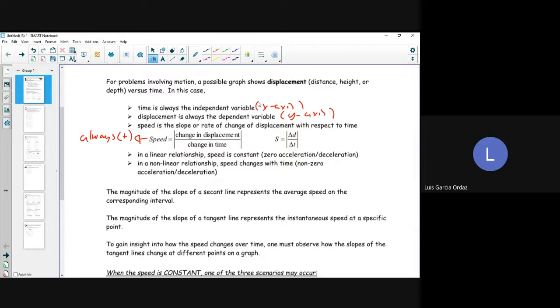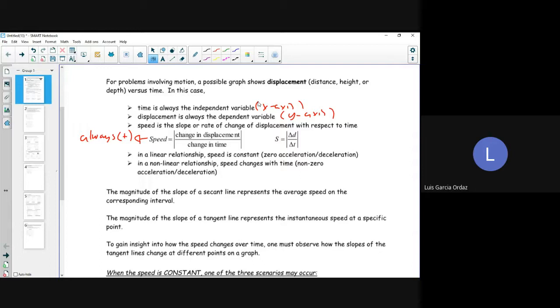The sign just tells you where you're going. Okay, so if the speed is positive, that means you're going away from your point of reference. If you get a negative absolute value, that means you're going back towards your point of reference. Okay, so I'm going to show that to you later on.